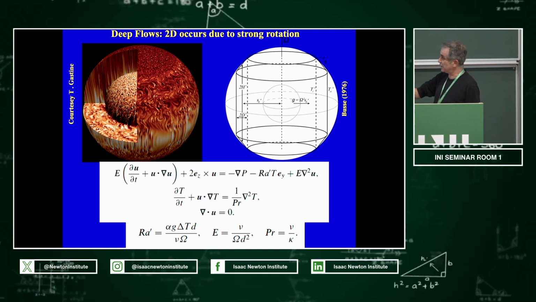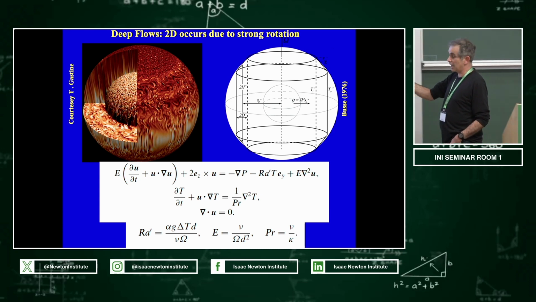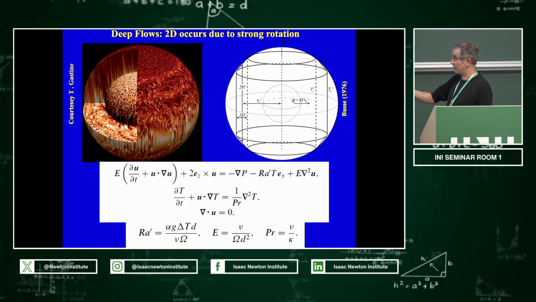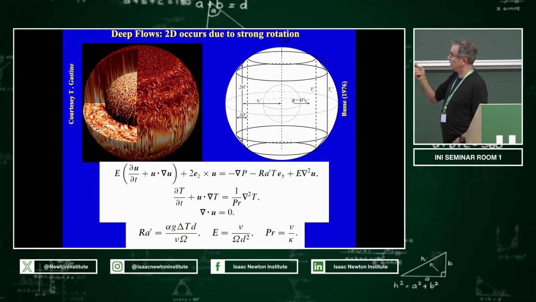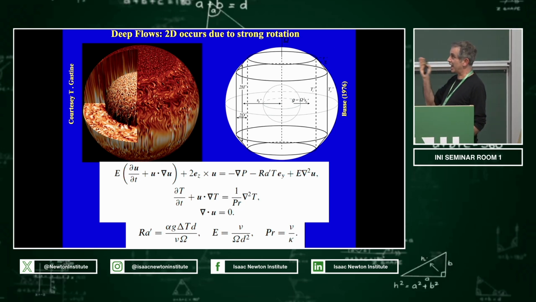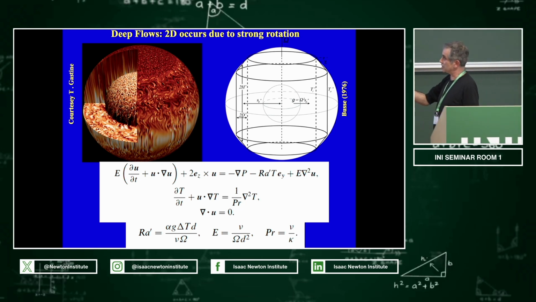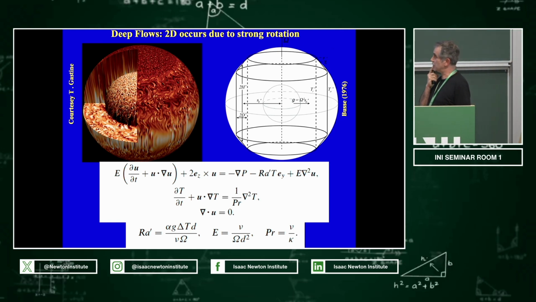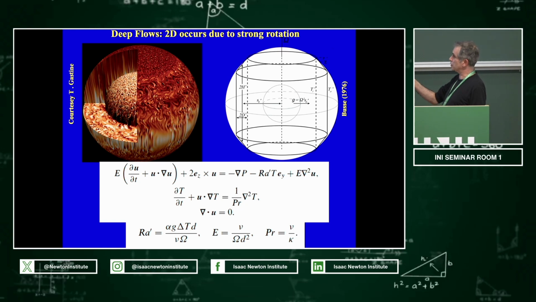They tend to be independent of this coordinate z, so your dynamics is quasi-2D in the sense that there's very little variation in z, aligned with the rotation axis. And the simplest model you can think of, which captures the dynamics of this very complicated situation, was proposed by Busse in 1976.